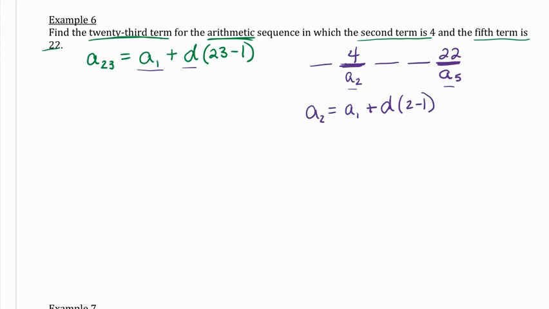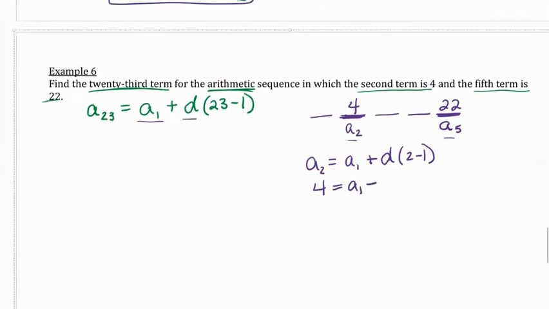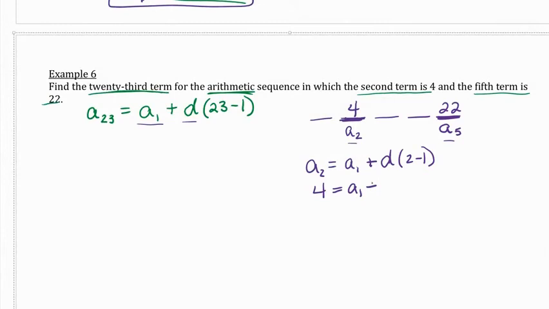We know the second term is 4, so 4 equals our first term plus our common difference times 2 minus 1, which is just 1, or d times 1, which is just d. So there's one equation we can use.